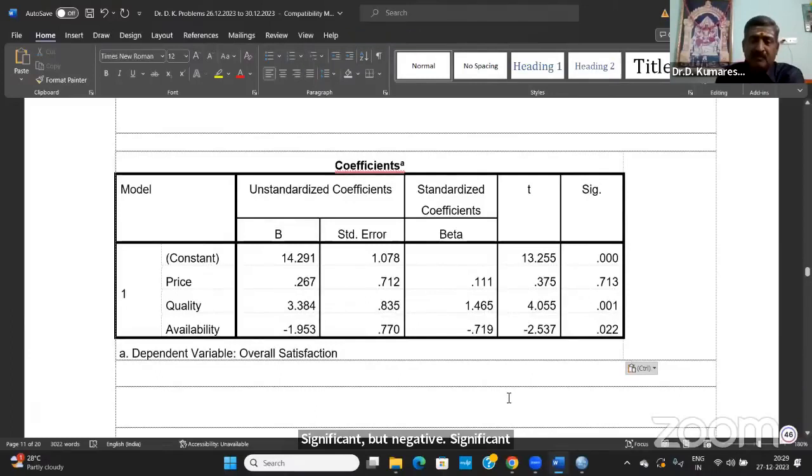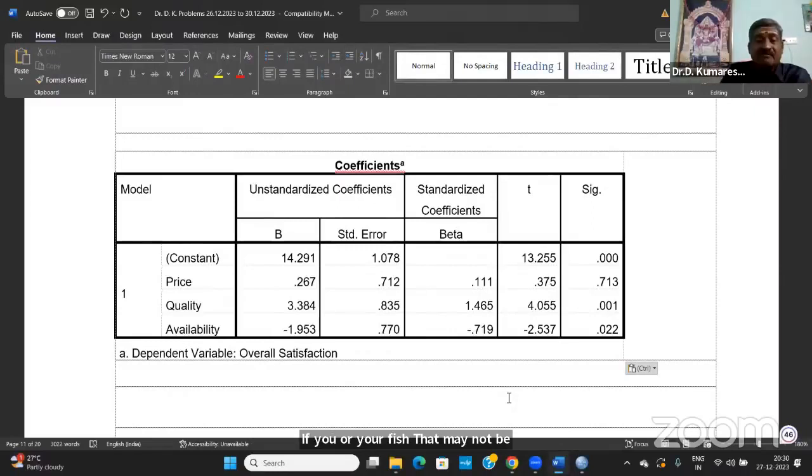So in your study, there may be different kinds of results like this. Every time we cannot say that all the variables are positively influencing. All the significantly influencing variables need not have a positive coefficient.